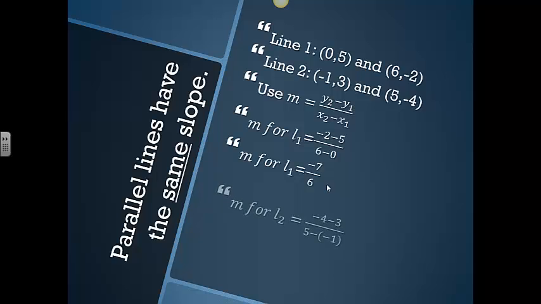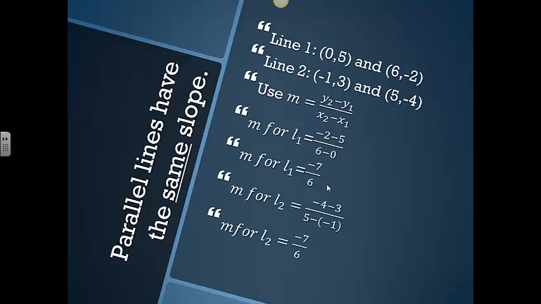So I should have negative 4 minus 3 over 5 minus a negative 1. Negative 4 minus 3 is negative 7. 5 minus a negative 1 is the same thing as 5 plus 1, which is 6. So again, hopefully you can see that I have this same slope. The slope for line 1 is negative 7 over 6, and the slope for line 2 is negative 7 over 6. So these two lines are parallel.